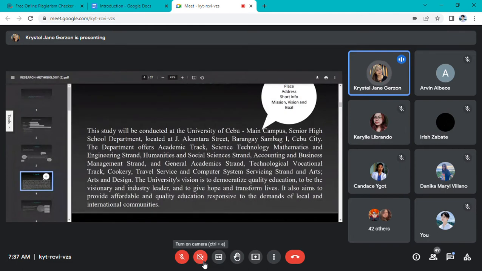your study is all about or revolving around STEM students. So aside from introducing what are the tracks offered or what are the strands offered sa University of Cebu as short information, you can also mention how many students, probably an estimation lang, how many students are enrolled in STEM.